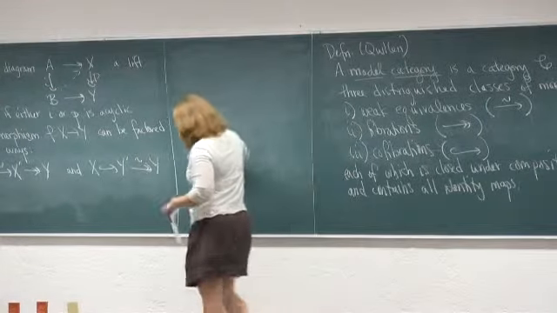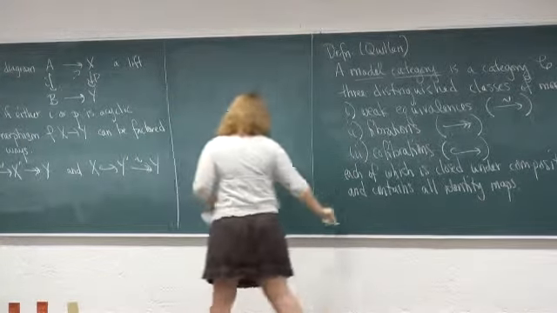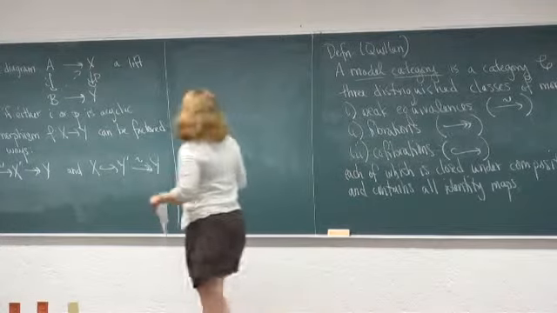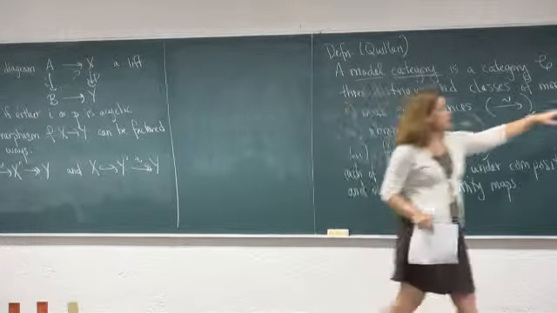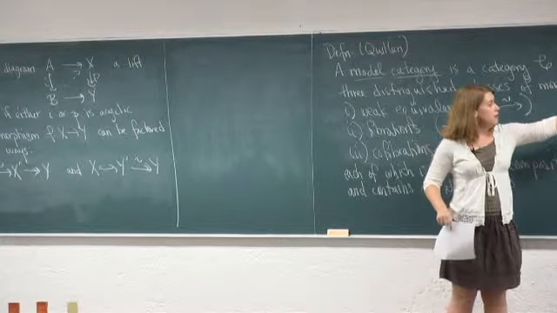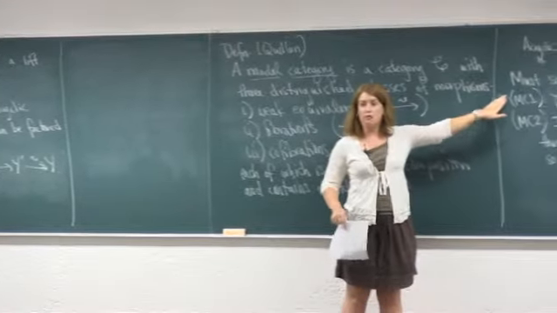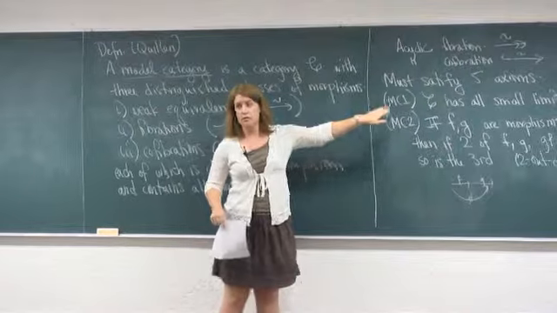One more piece of terminology here. Notice by axiom MC1, since we have all limits and colimits, we always have an initial object and we always have a terminal object.